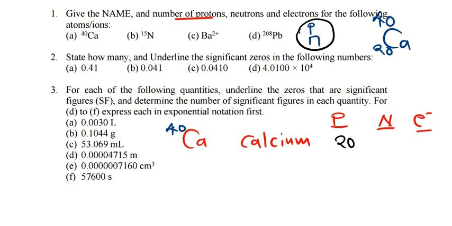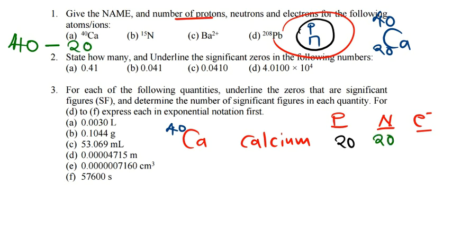The electrons are found on the shells. Okay, so the number of neutrons is determined as the difference between the mass number, which in this case is 40, minus the proton number, which in this case is 20. So you see that actually we'll still end up with a 20.